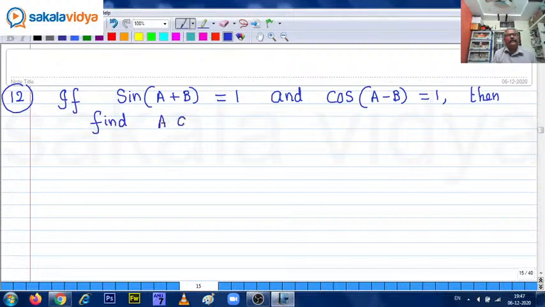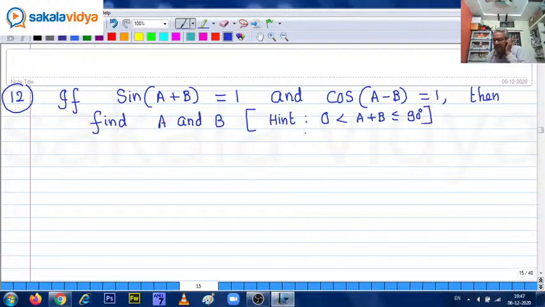But the condition must be given. So I will give the condition also, just as a hint: 0 less than a plus b less than or equal to 90. This is the condition. That means a and b are both acute angles.